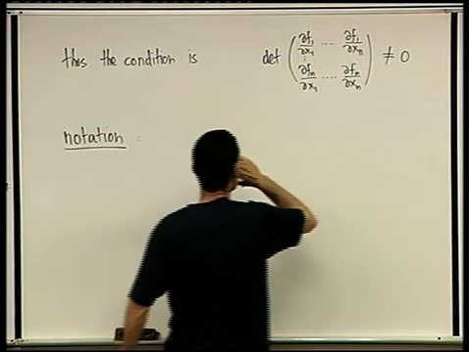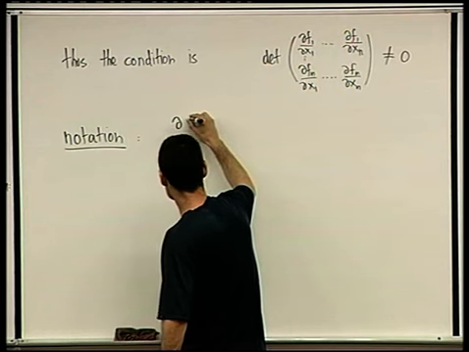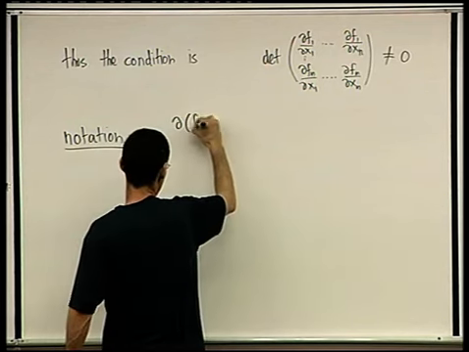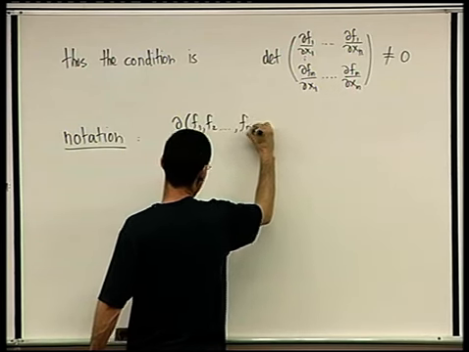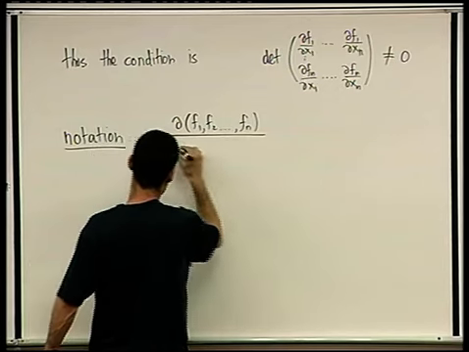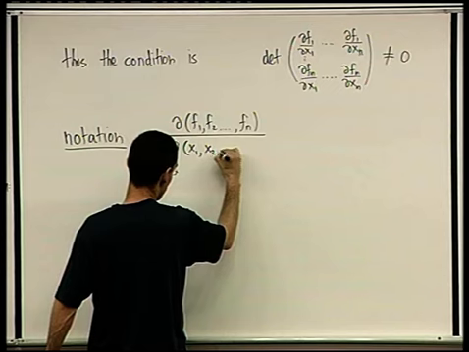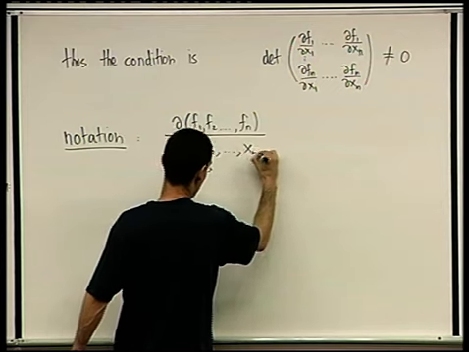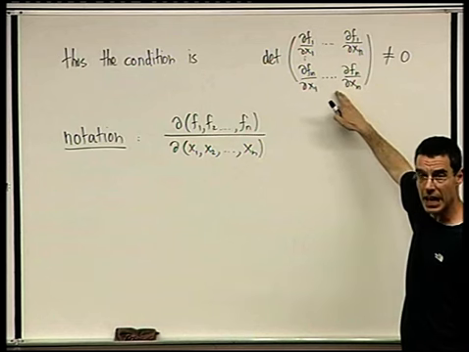This determinant is written as d(f1, f2, up to fn) over d(x1, x2, up to xn). This is just notation for the determinant of this n by n matrix.